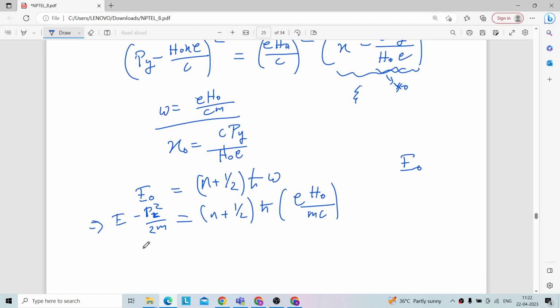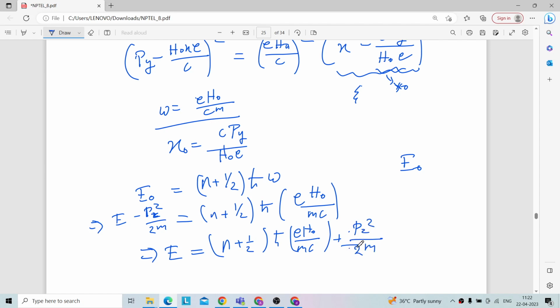Then my eigenvalue will be equal to n plus half h cross eH0 over mc plus pz square over 2m, right. So I got the eigenvalue of H, which is energy.